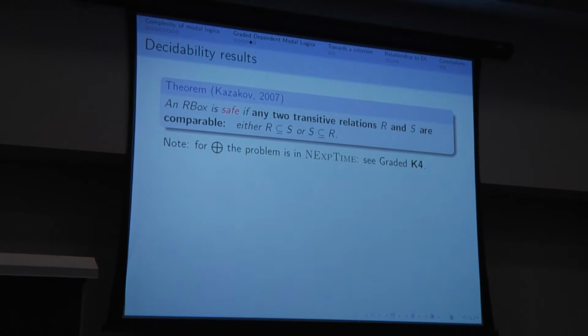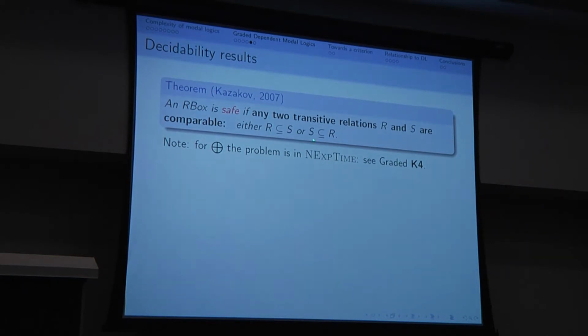Okay, good news. Which RBoxes are safe? An RBox is safe if any 2 transitive roles, 2 transitive relations in it, are comparable with respect to inclusion.